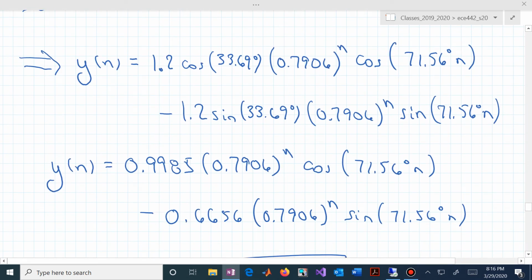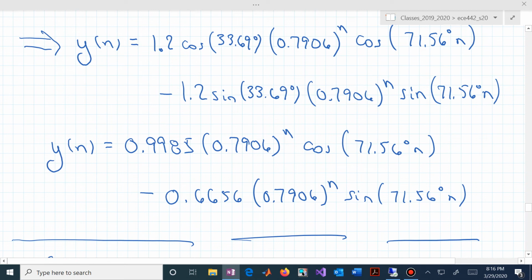Doing that shows the structure of y of n. If somebody asked what the structure of y of n is, you wouldn't have had to find k1 or its conjugate. You could have simply said that it's alpha 1 r to the n, where r was the distance of the poles from the origin, cosine of theta sub d n plus alpha sub 2.